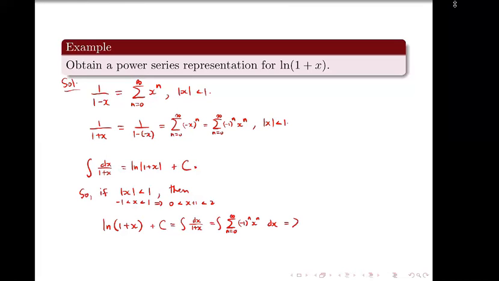Or this guy here, it's the sum from 0 to plus infinity, negative 1 to the n, integral of x to the n dx, which is equal to the sum from 0 to plus infinity, negative 1 to the n, x to the n plus 1 over n plus 1. Of course, you can write the plus c in here, but we already have that one here.